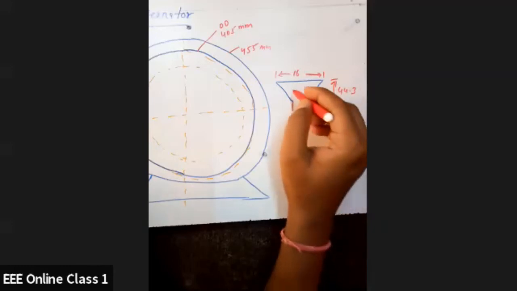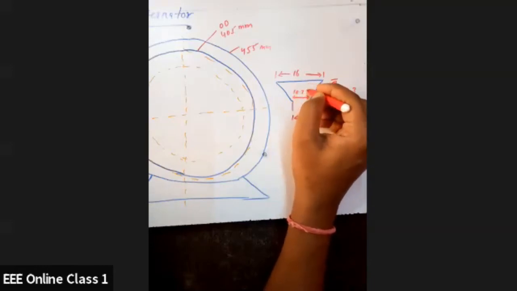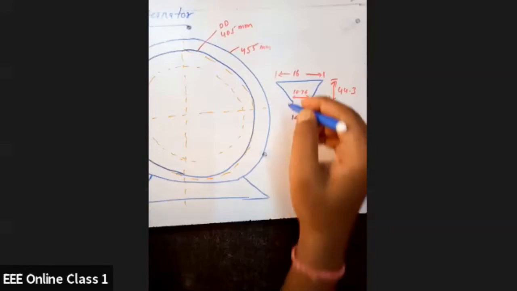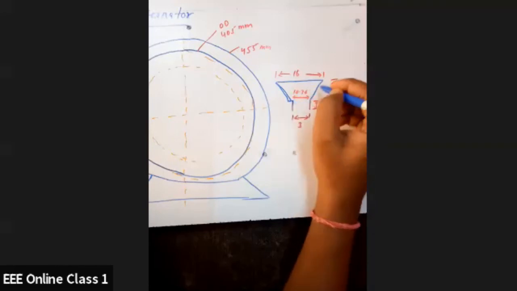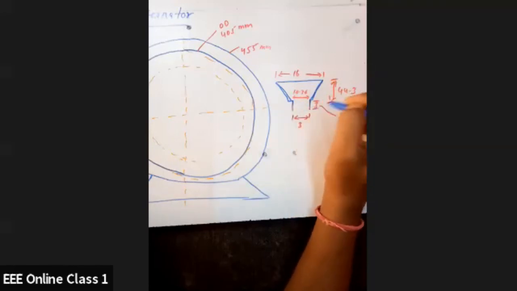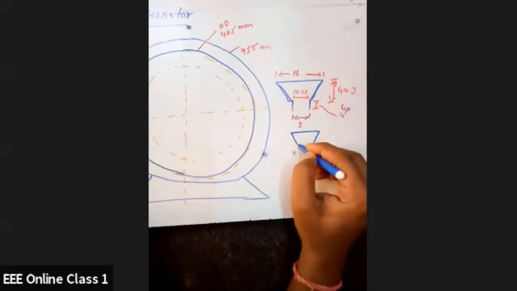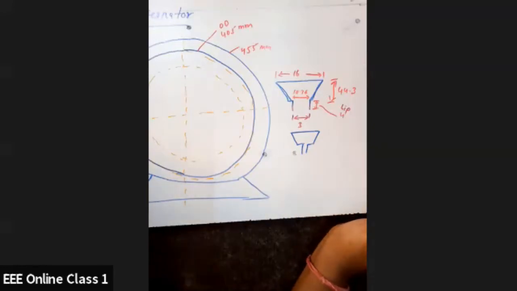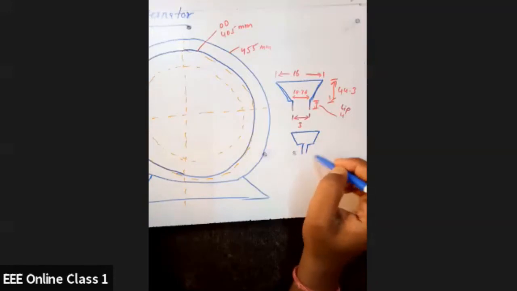So this distance is 10.76. What we can do is change it like this. So your diagram will be like this. This is 16 and this will be 10 and the opening will be 3.